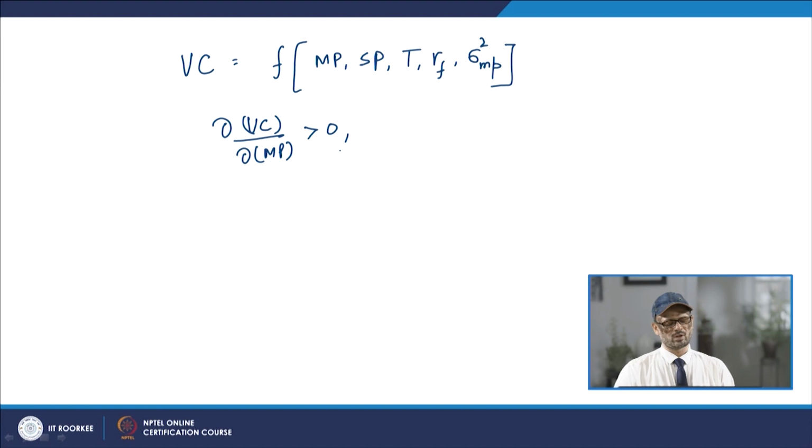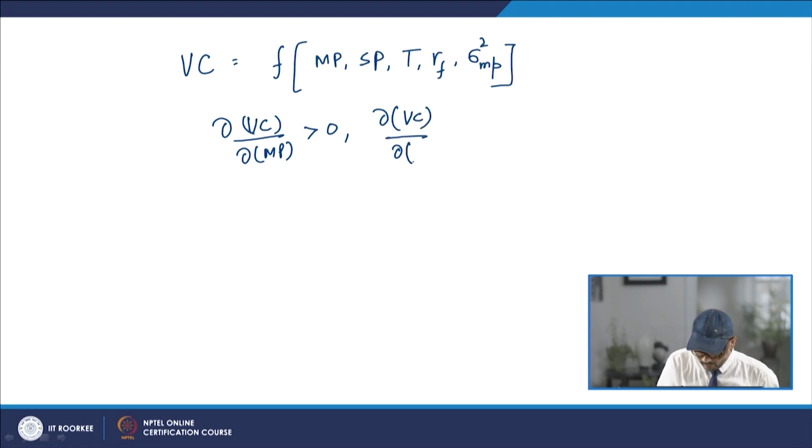Then about the strike price: when the strike price is larger, in the case of a call option, the value of the call will decrease. So dou of VC upon dou of SP will be less than 0.